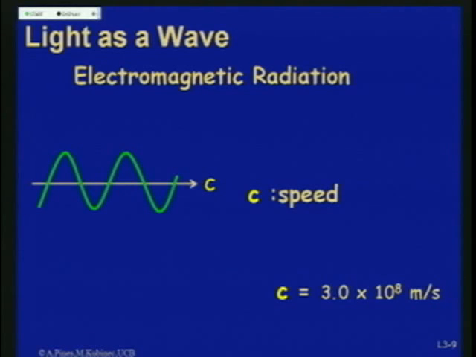For what concerns us in this class, 3 times 10 to the 8 meters per second is the speed of light. Now, if you watch these waves coming in and you have 2 crests, and if you have these long waves, the 2 crests are very far apart. So you have a very long wavelength. The wavelength is defined as the distance between 2 adjacent crests or 2 adjacent troughs. That's the wavelength.